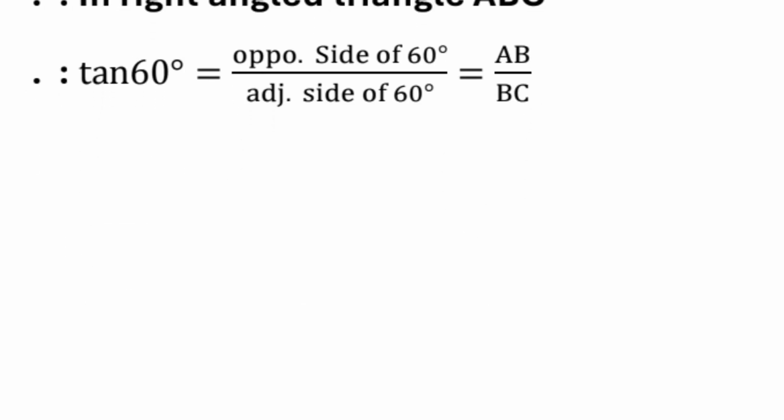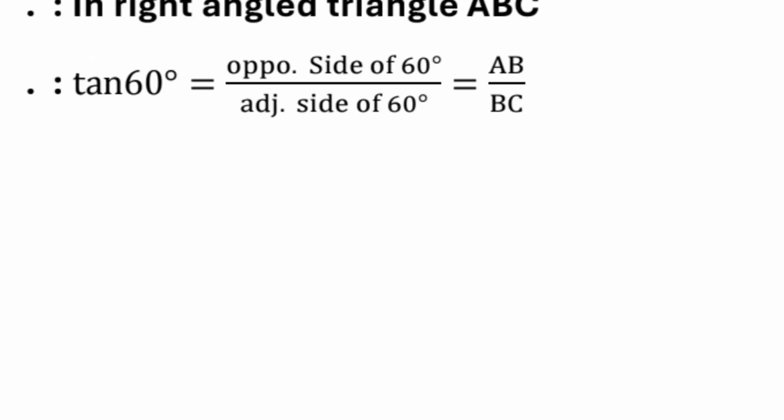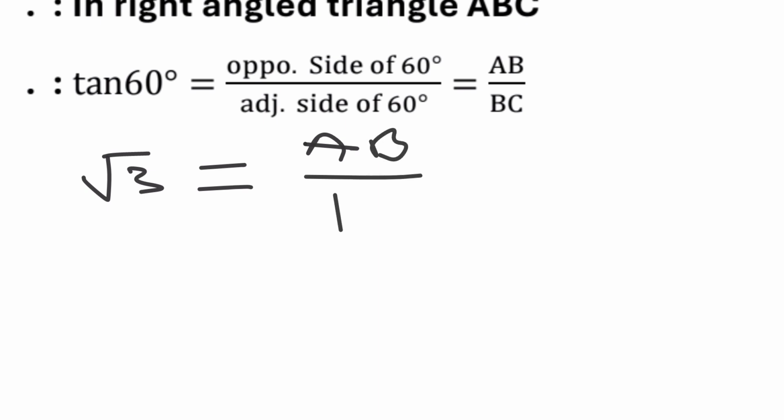Now, tan 60 degree is equal to opposite side of 60 degree upon adjacent side of 60 degree is equal to AB upon BC. Now, therefore, we put here the values. Square root of 3 is equal to AB upon 12.